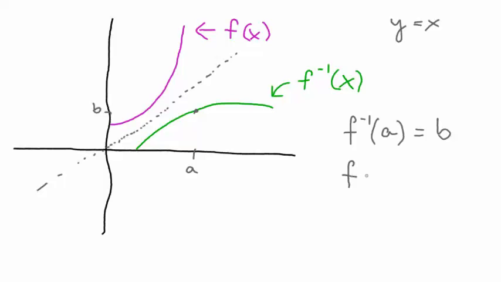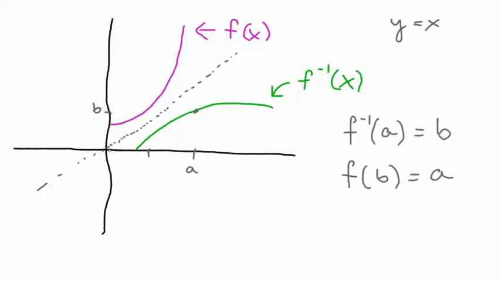And if we plug b into the function, guess what we get out? Well, if they're inverses of each other, we should get a out. So if we plugged b into the function, I'm going to say b is right here.